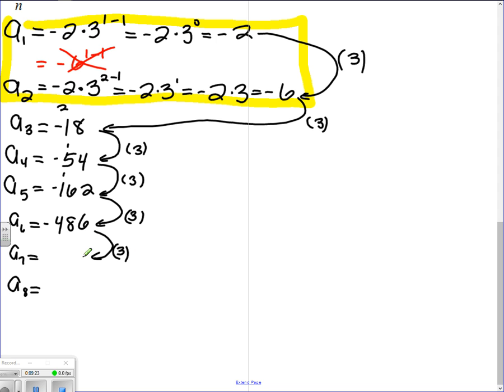3 times 6 is 18, 8 and carry 1. 3 times 8 is 24, and 1 is 25, 5 carry 2. 3 times 4 is 12, and 2 is 14.